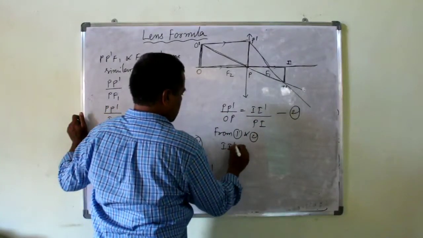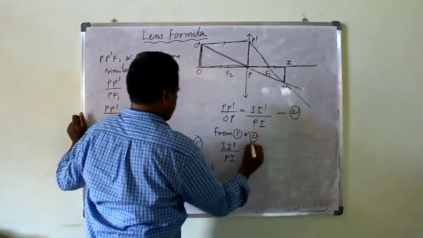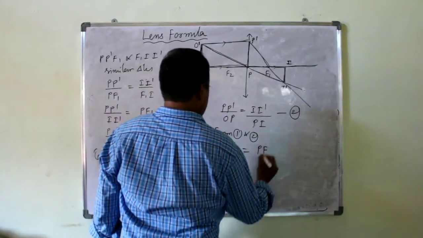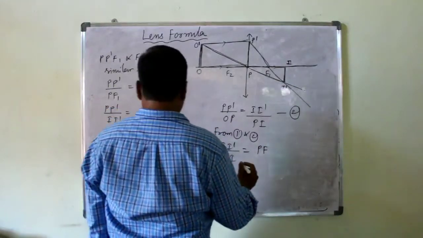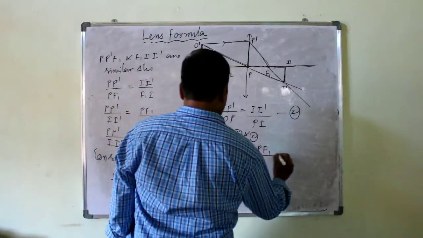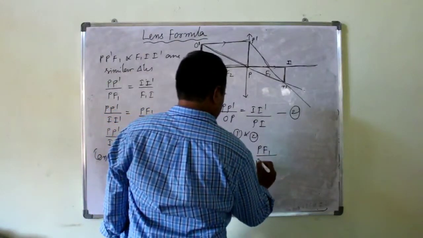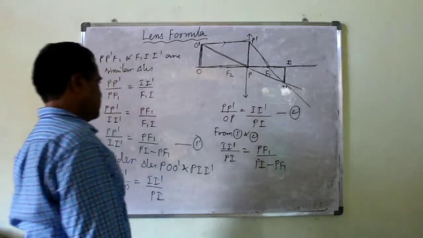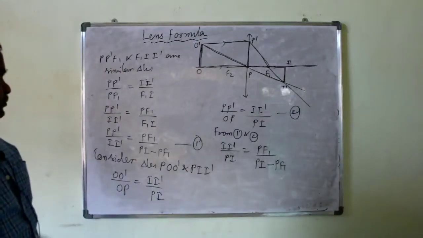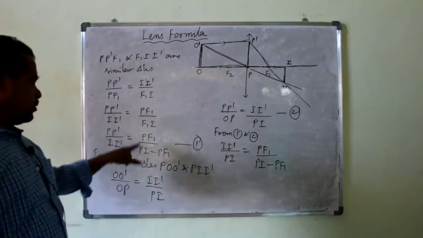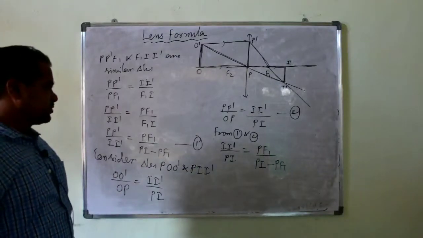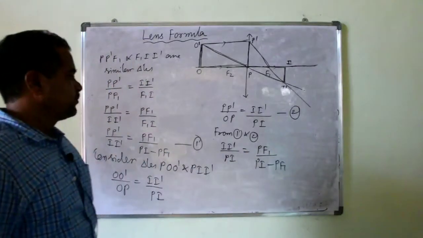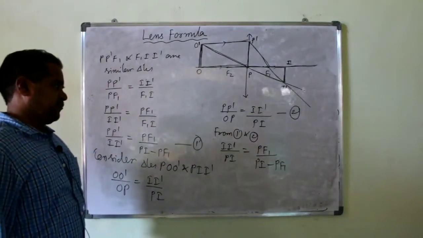I' by PI is equal to PF1 by PI minus PF1.